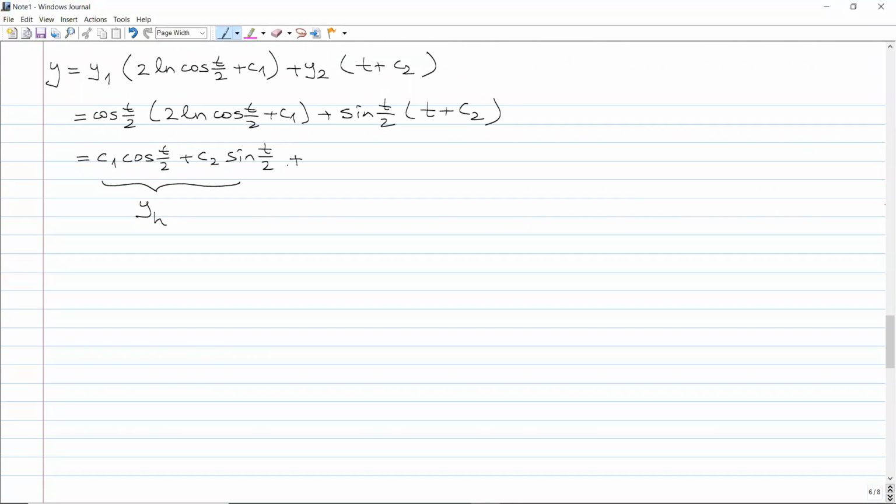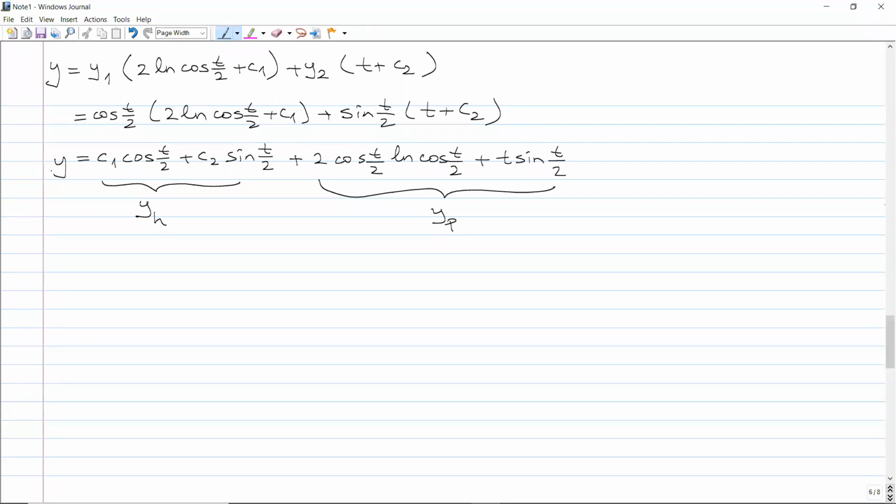And if you take the pieces without the constants, we have 2 cosine t over 2 times natural logarithm of cosine t over 2, plus t times sine t over 2, and that piece is your particular solution. But you consider both of them at the same time, together with the integrating constants c1, c2, and you get both pieces at the same time.